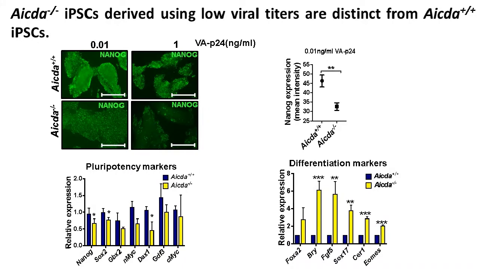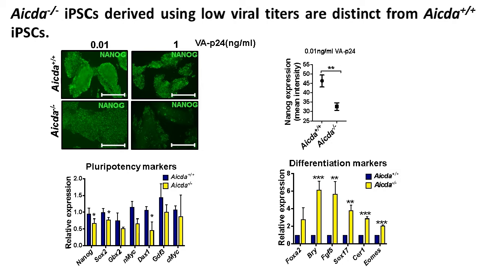So the question we now ask is whether the AID knockout cells are similar to wild type, or whether there are some differences. Indeed, we observe that AID knockout induced pluripotent stem cells are different from the wild type cells. As you can see on your left panel, when I looked at the expression of NANOG at lower viral titers, the AID knockout cells express NANOG.